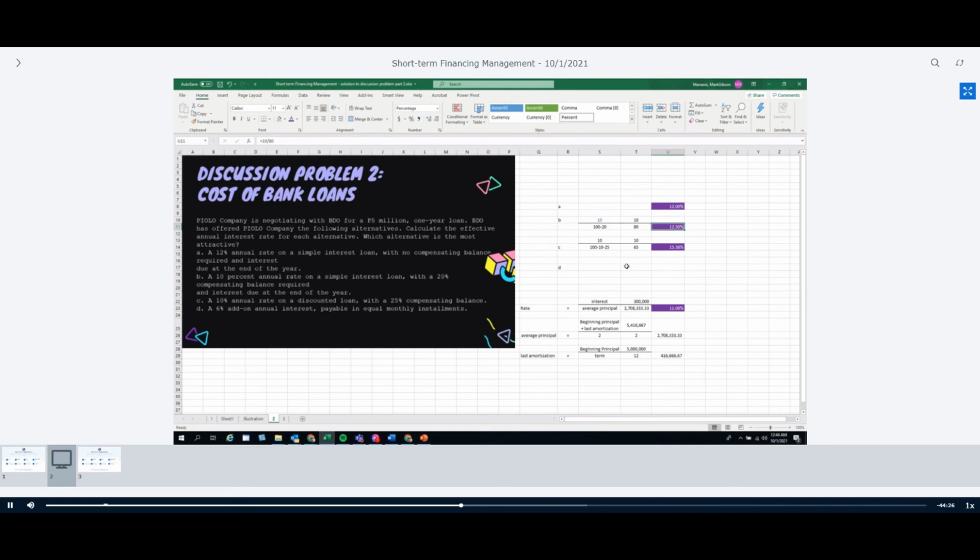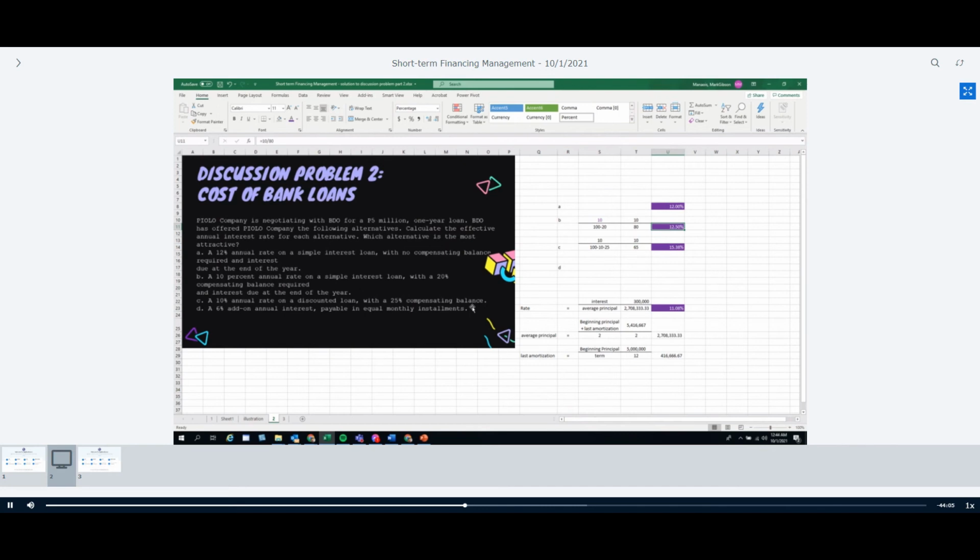Let's go now to letter C. Letter C, a 10% annual rate on a discounted loan with a 25% compensating balance. So tandaan, this is now a discounted loan. So meaning the interest is payable in advance.